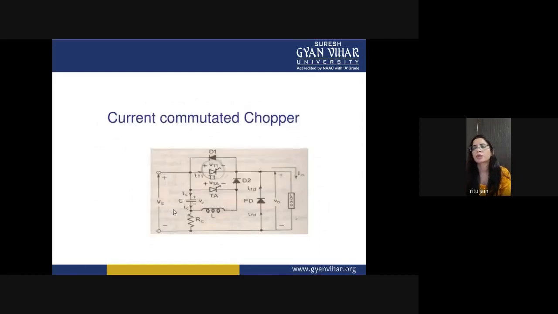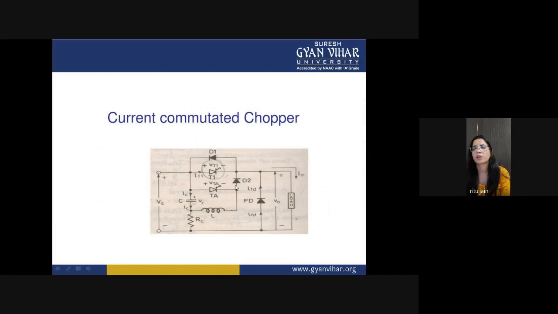So this is the circuit of your current commutation chopper. In this diagram you can see that we are using diode D1, thyristor T1, auxiliary thyristor TA, another inductor L, and RC. The value of RC must be high so that it behaves like an open circuit.